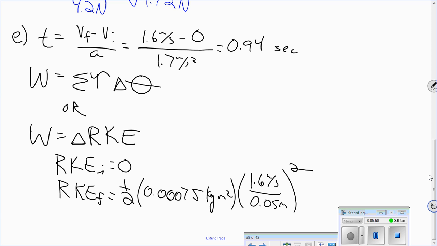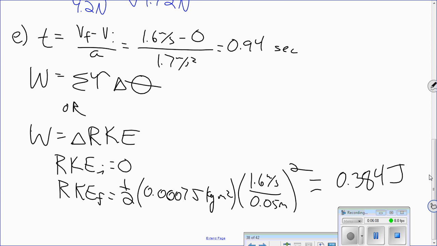There are certainly other ways you could have done that, but that's a way that works. It ends up giving you 0.384 joules.